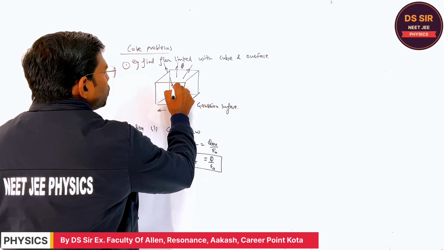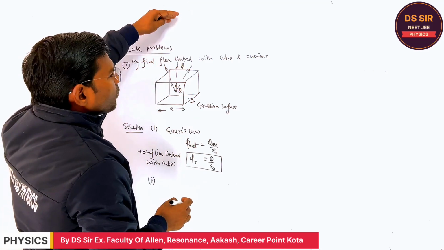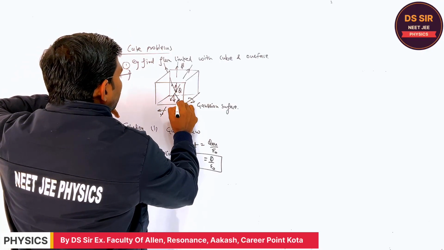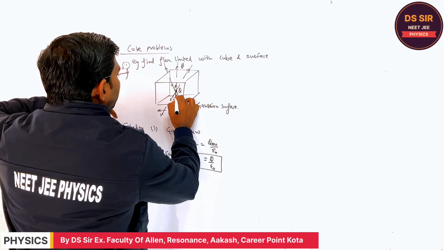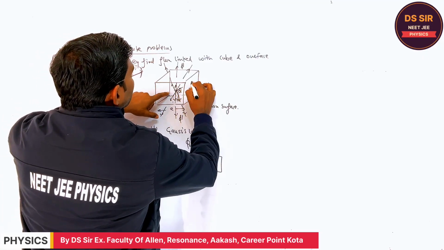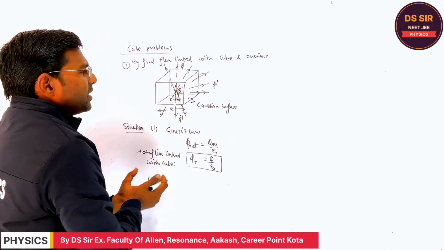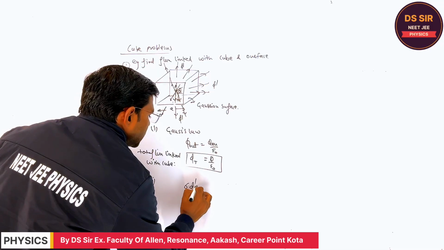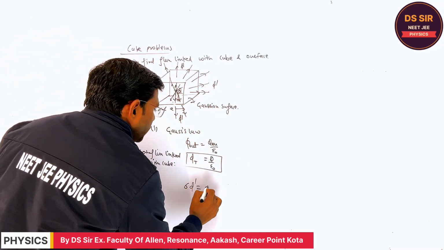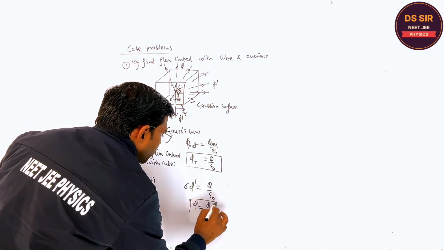Since the charge Q is placed symmetrically, the same flux will come out from this face, and the same flux will come out from this face. How many faces are there? 6. So 6 phi dash is the total flux coming out from the cube, which is equal to this. So phi dash is Q upon 6 epsilon naught.